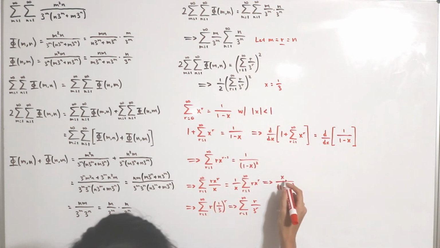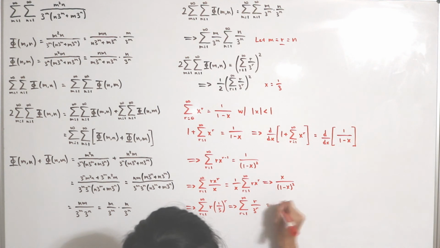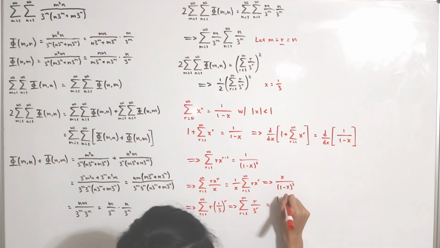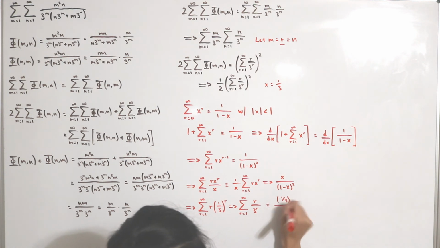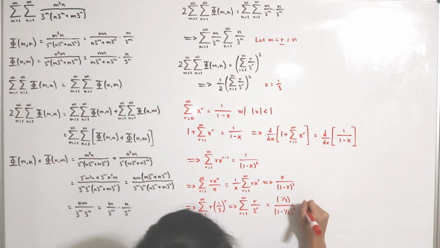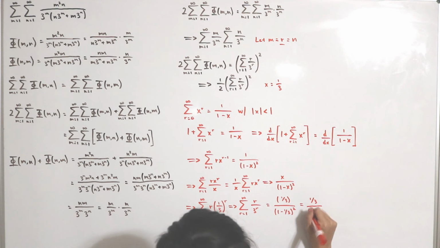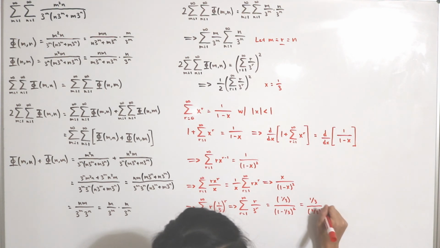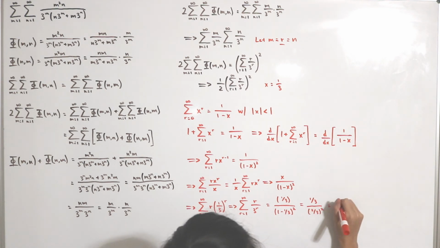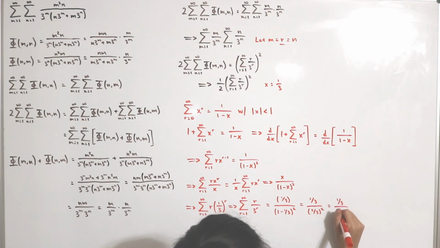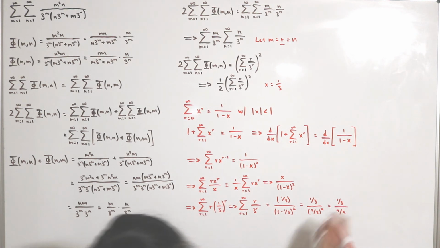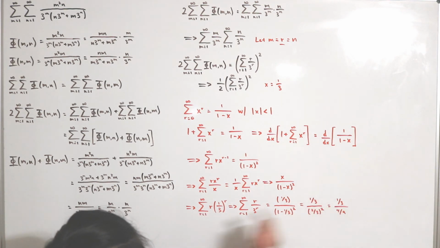Then we can plug in 1 over 3 for our x value. So this is 1 over 3 divided by 1 minus 1 over 3, squared. And 1 minus 1 over 3 is 2 over 3, and that's squared. So this is 1 over 3 divided by 4 divided by 9. But it's division over division, so I'll just flip the reciprocal.